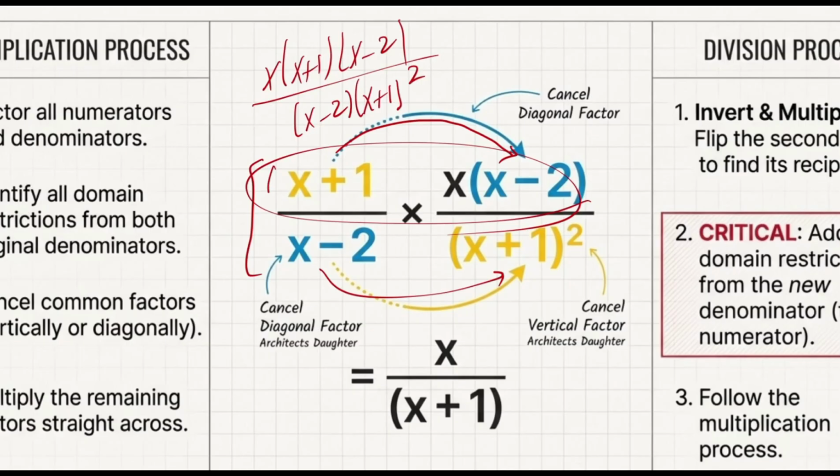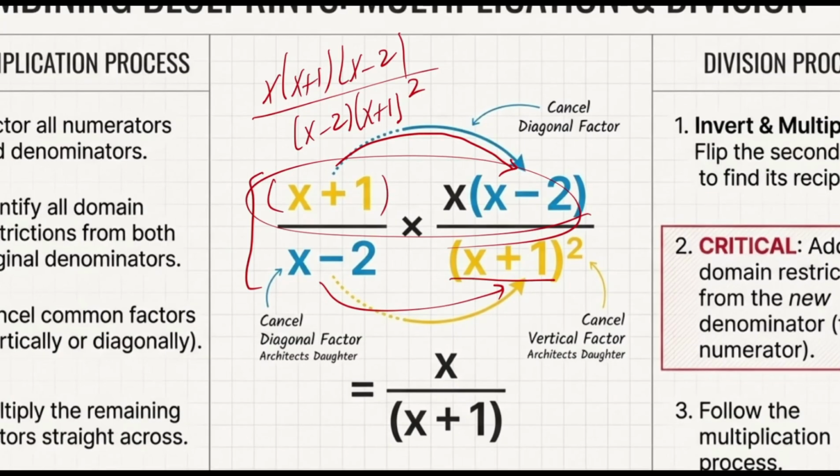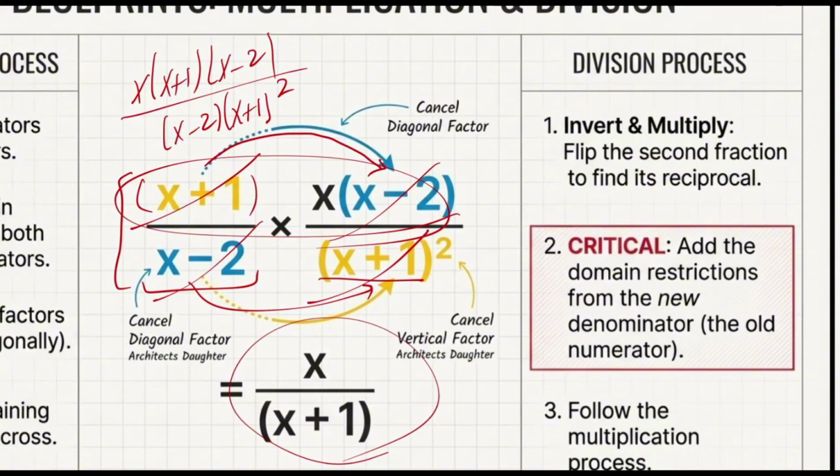How? X plus 1 is a common term like this one, so I can cancel one of these with this one. X minus 2 is also common with this x minus 2. I can cancel them out. So at the end of the day, I have x divided by x plus 1.